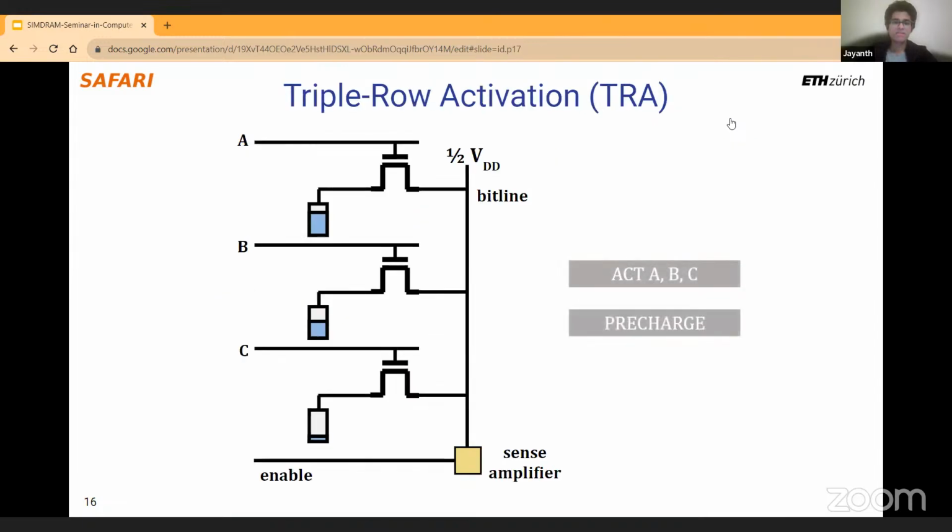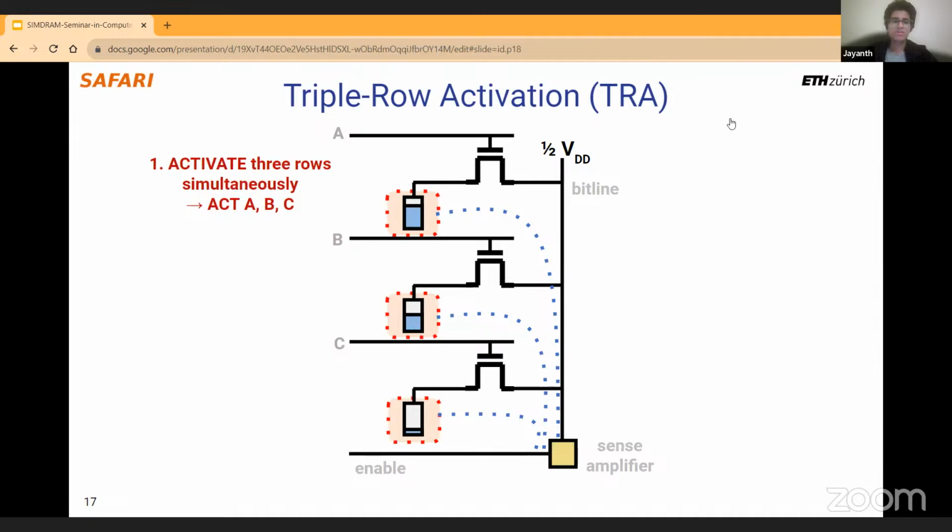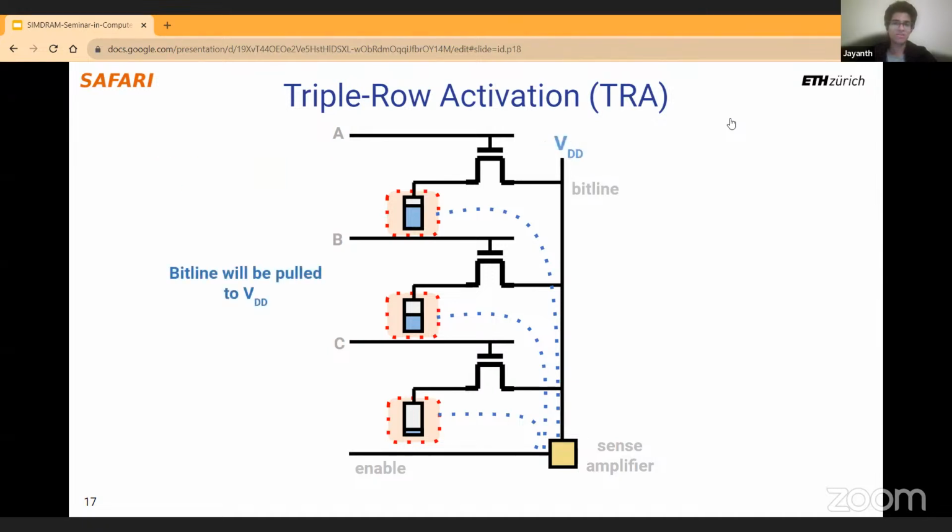Another important mechanism that SIMDRAM is based on is called triple row activation, or TRA. As the name suggests, we activate 3 rows at the same time. And let's see what this leads to. When we activate 3 rows simultaneously, we observe that the bit line would be pulled to VDD, or logic high. This is because out of the charges in the DRAM cells in rows A, B, and C, the majority is logic high.